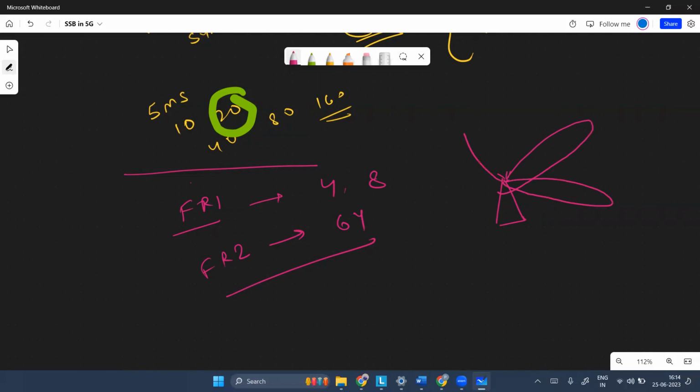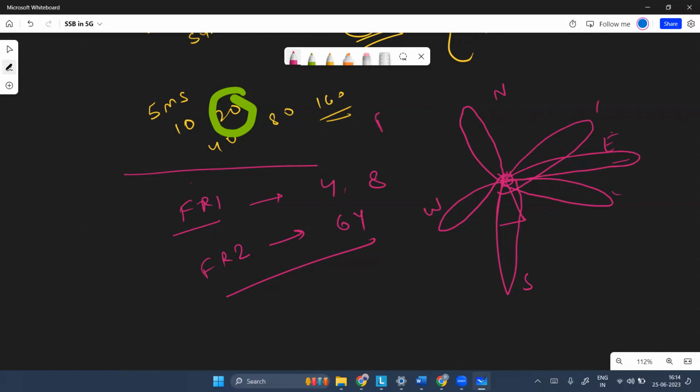The diagram is not that good, but you understand the crux here. It is going to beam form in certain directions, so it could be north direction, or south, west, east, or northeast direction. So it would be beam forming, and these are nothing but your SSBs.